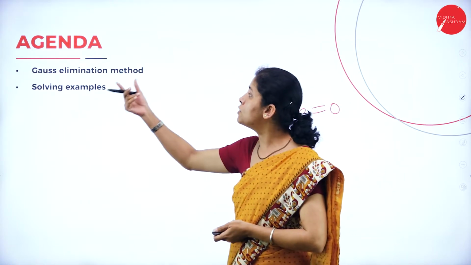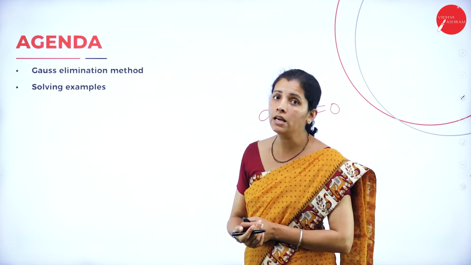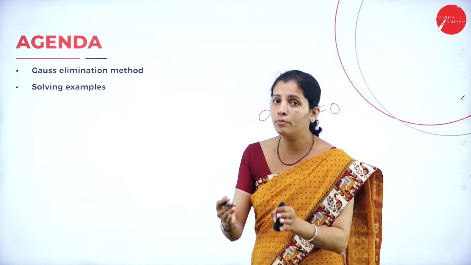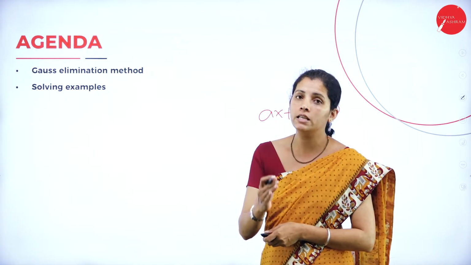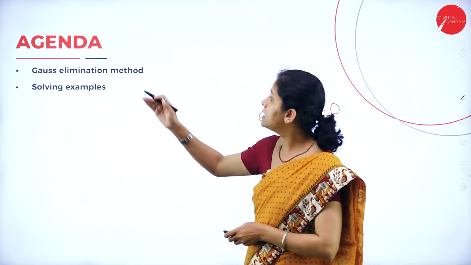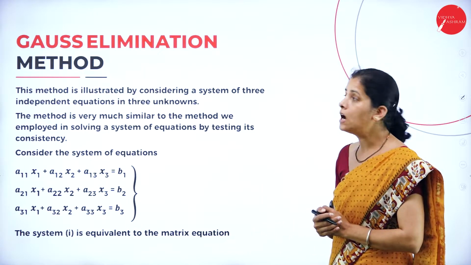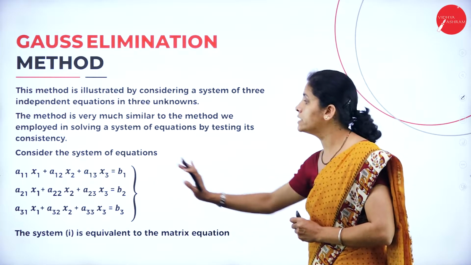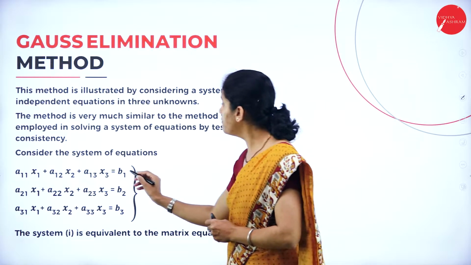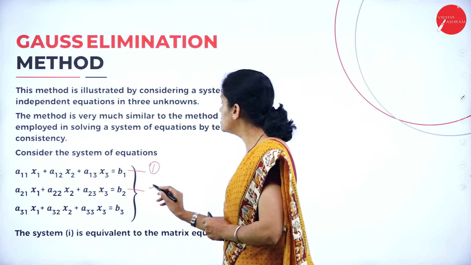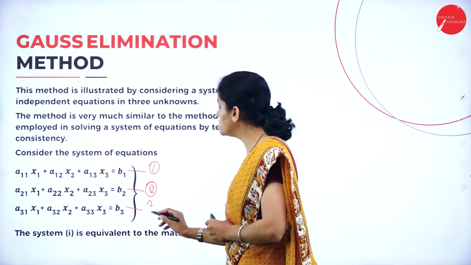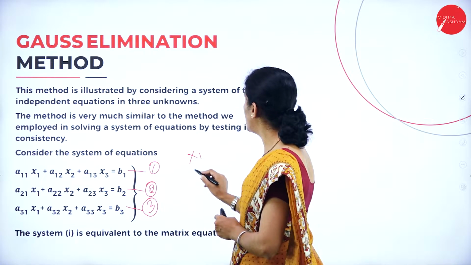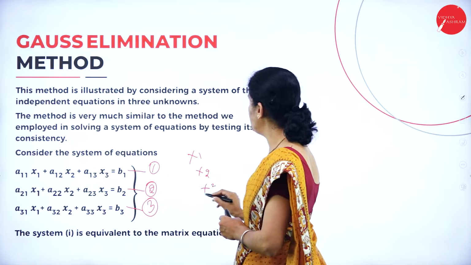This Gauss elimination method is mainly used to find the approximate solution, and the kind of problems where we use it is linear equations. In the Gauss elimination method, I have three independent equations, this is my first, this is my second, and this is my third independent equation, and I have unknowns x1, x2 and x3.